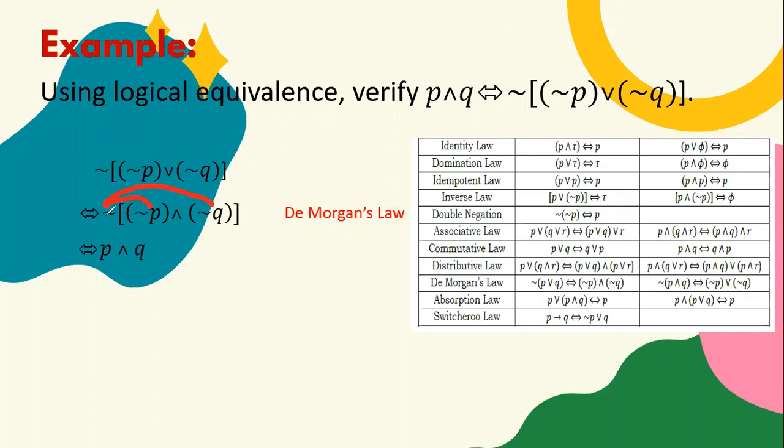Kaya nung dinistribute natin yung negation, yung negation ng negation ni P is P and the negation of Q is Q. Okay? So kung mapapansin ninyo, we have just arrived with the one on the left side natin na P and Q. So that means they are really logical equivalent. Question.